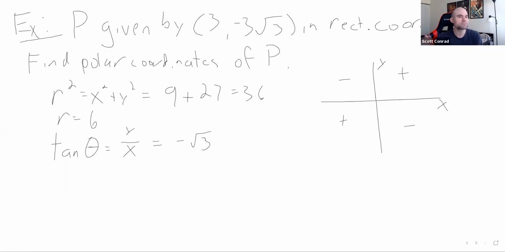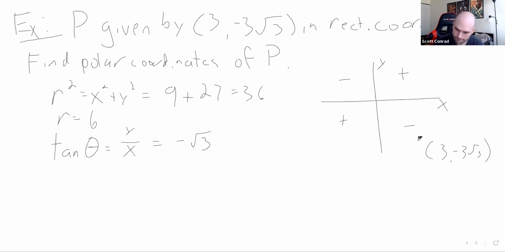So just sort of sketch your point. Where x is positive, y is negative. So we're down here somewhere. So that's our point. We know we're down here in this quadrant, right here.